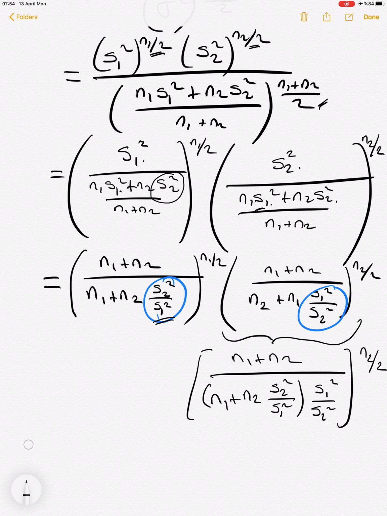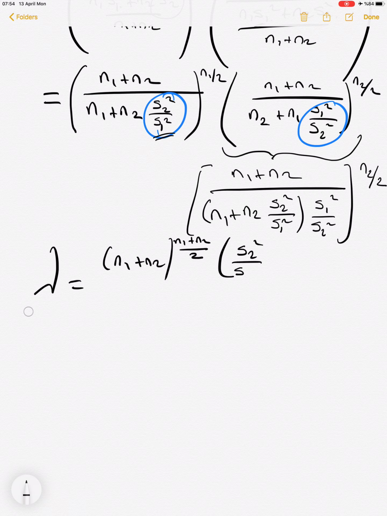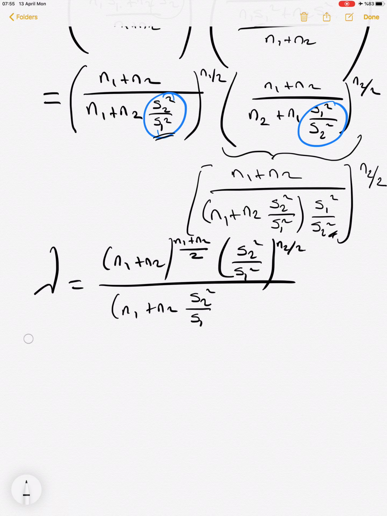So when we write lambda, we will have the constant (n1 plus n2) to the power of (n1 plus n2) over 2, and s2 squared over s1 squared to the power of n2 over 2, over (n1 plus n2 times s2 squared over s1 squared) to the power of (n1 plus n2) over 2.